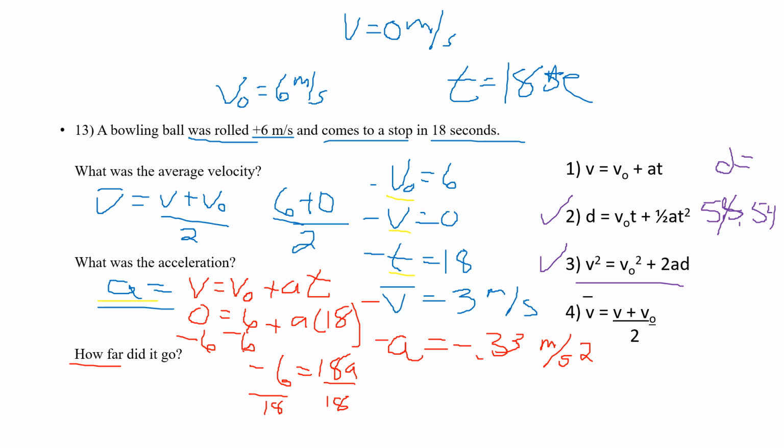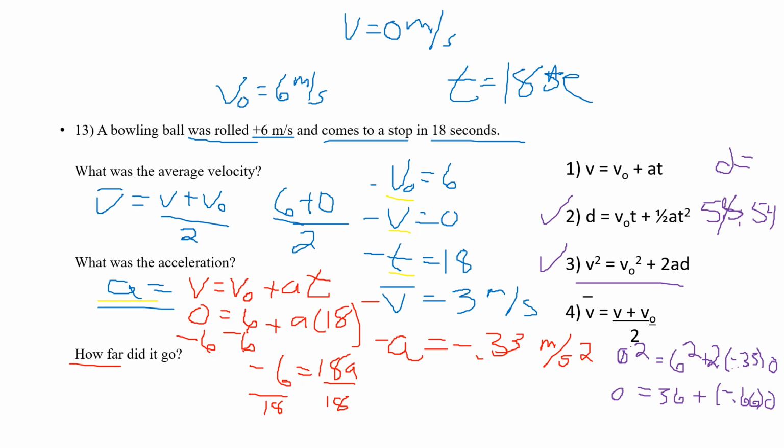This one, sure. I'm looking for the space. 0 squared equals 6 squared plus 2 times negative 0.33 times d. 36 plus negative 0.66 d equals 0.